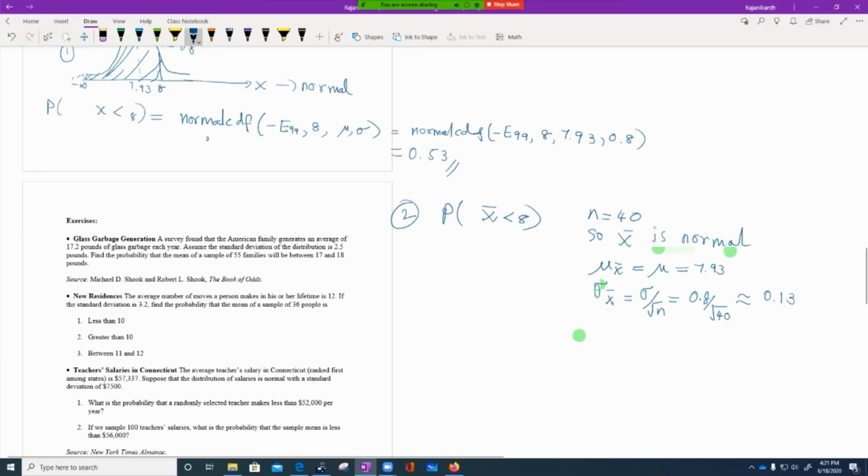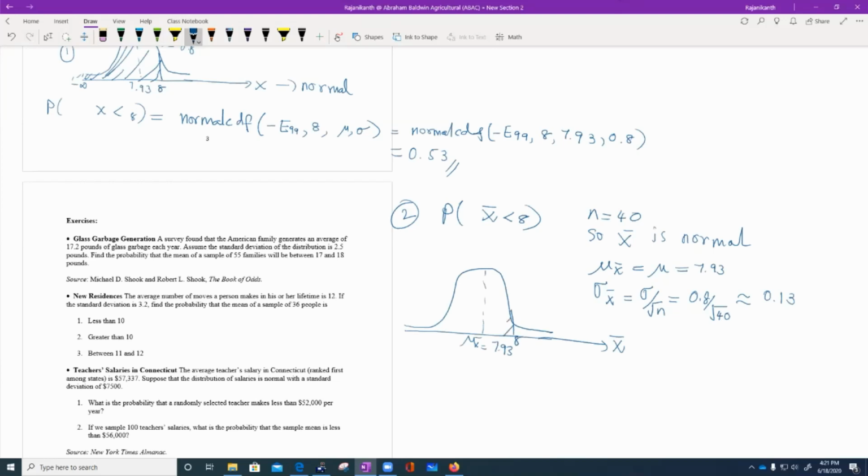So now if you draw the picture for x bar, remember now x bar is normally distributed. Therefore, I'm free to draw a normally distributed curve. I'm talking about x bar. The center point, the mean of x bar, which is mu x bar, we know is equal to mu 7.93. But now we are looking for the area less than 8, so 8 will be somewhere here.